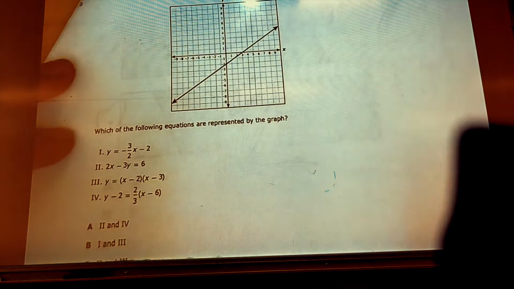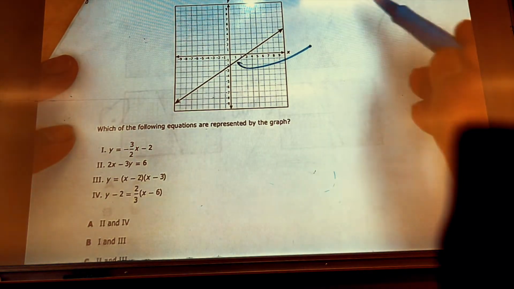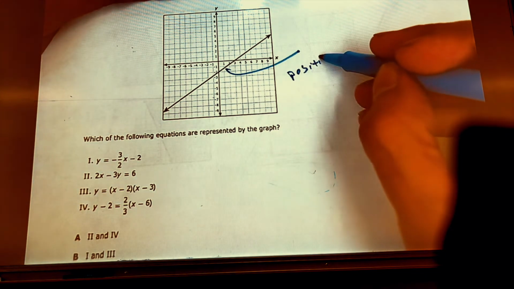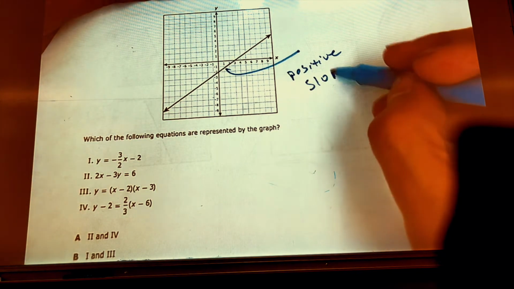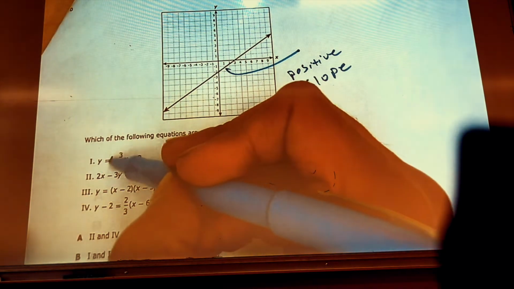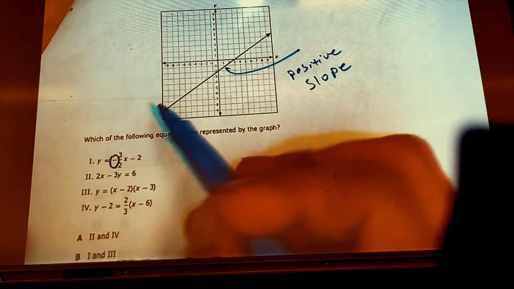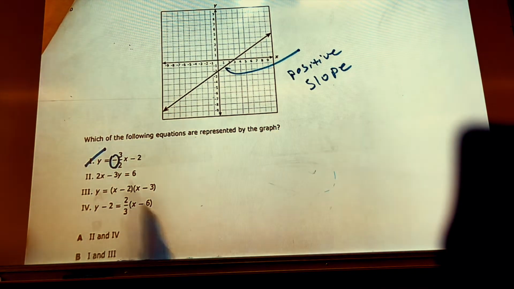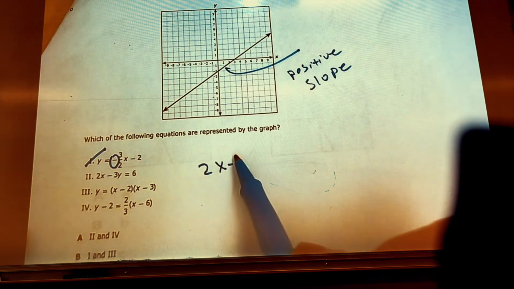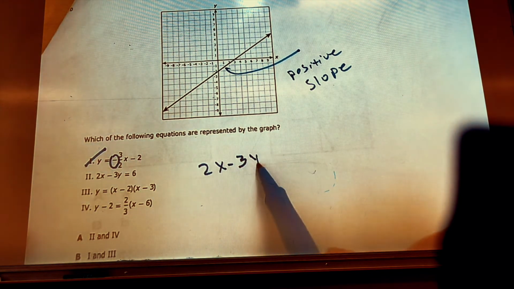No. Okay. This here is a positive slope. However, this is a negative slope. So say goodbye. This is in standard form. We should probably change it to slope-intercept form so we can tell better what's going on.